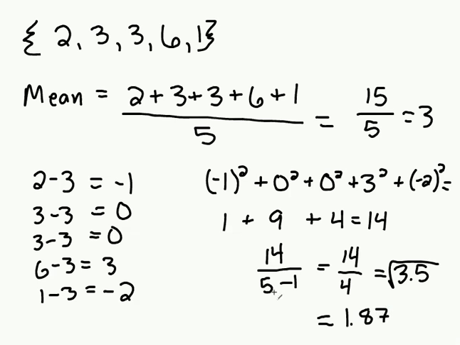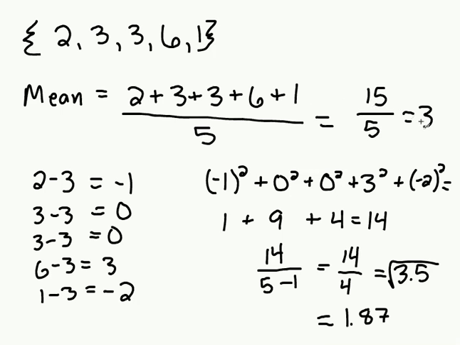So the next part of the question asks, what does this mean, basically? And so kind of think back to our definition of what standard deviation is. Standard deviation is the measure of how far our data values are spread out from the mean. How far are they from the mean?